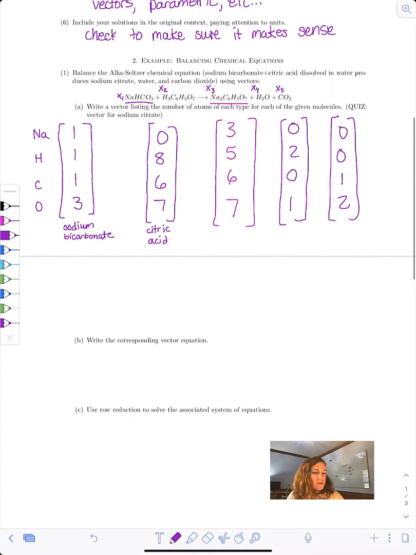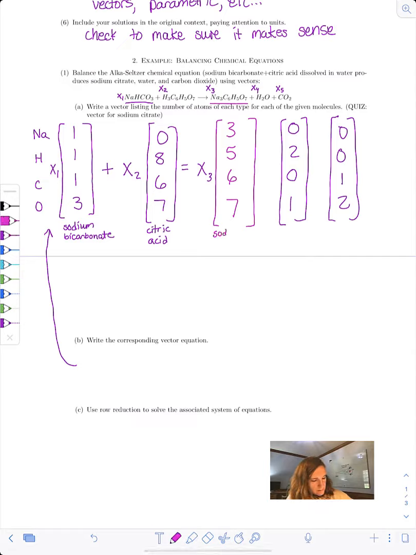Now we've got vectors, which is nice, and we need some linear algebra. I'm going to write my vector equation up here. Remember, we wanted x1 times our sodium bicarbonate plus x2 times our citric acid. And then that's going to put out x3 times our sodium citrate. Oh, and I meant to write this down.